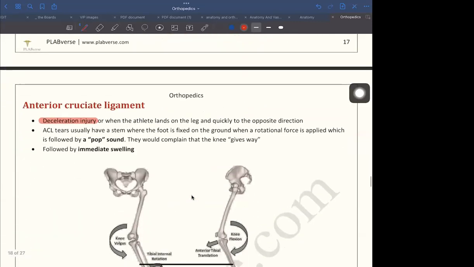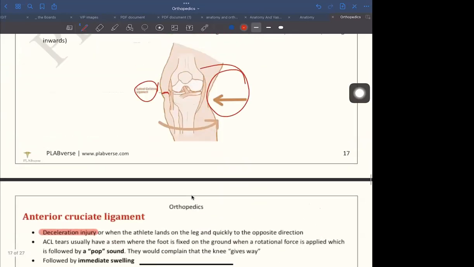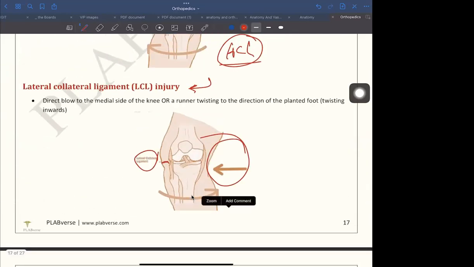Remember that? Yes. So again, it's because the ACL injury will basically be an extension injury. So the medial meniscus will be at higher risk of injury again because the medial condyle is slightly lower than the lateral condyle, if that makes sense.